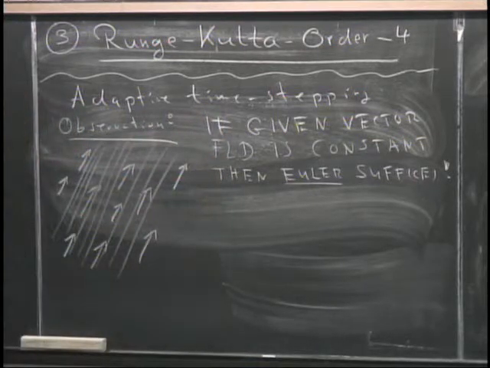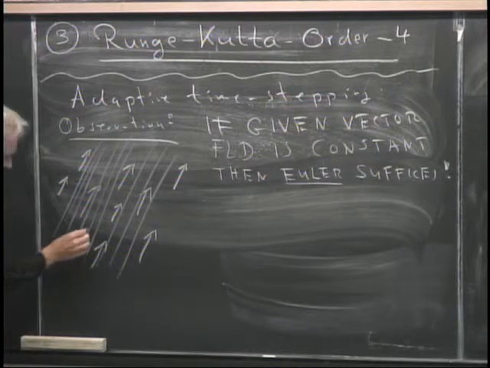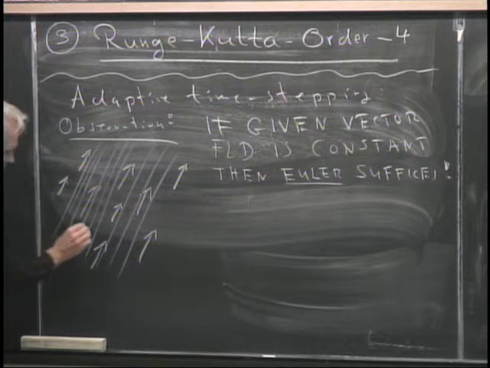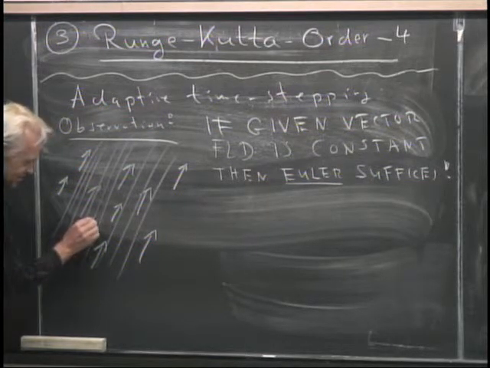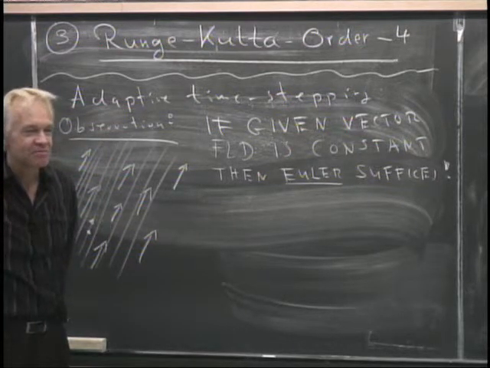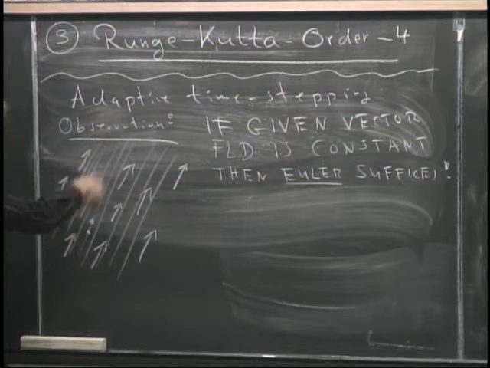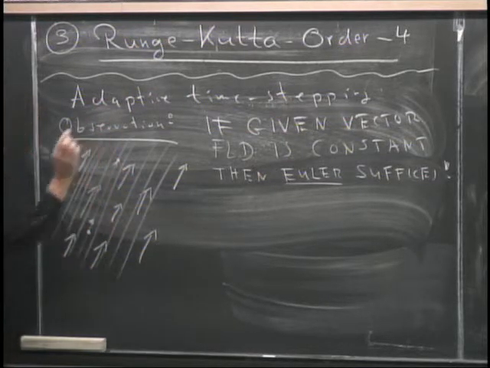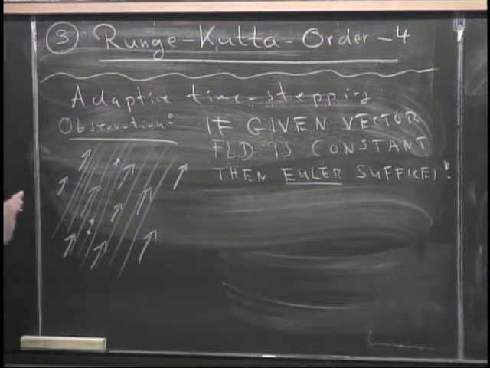All the streamlines are lines. Therefore, when I pick this point as my first point, and the vector there is this, I can use any arbitrarily large delta t, because I will always stay on that line. I can go here by a huge delta t. No error.